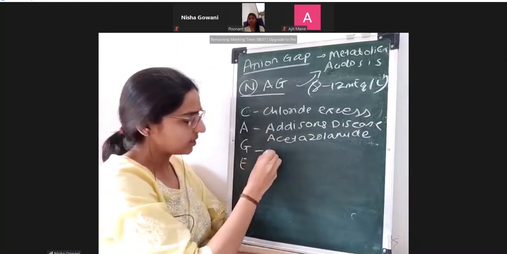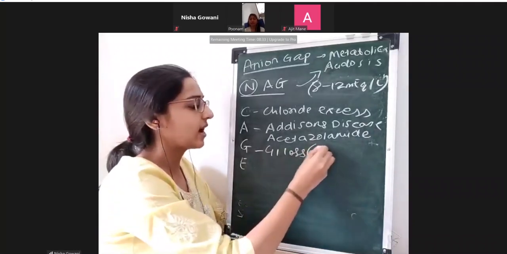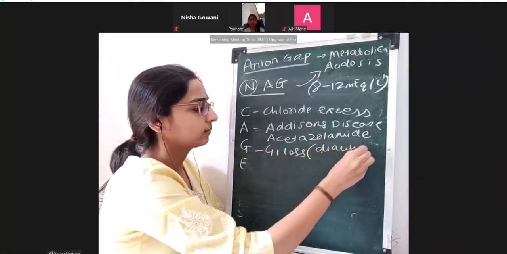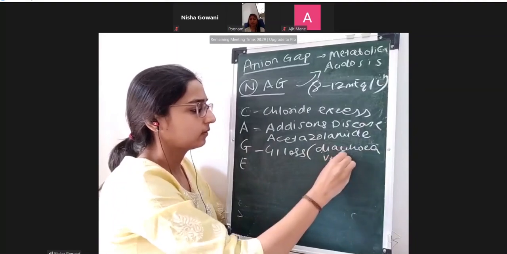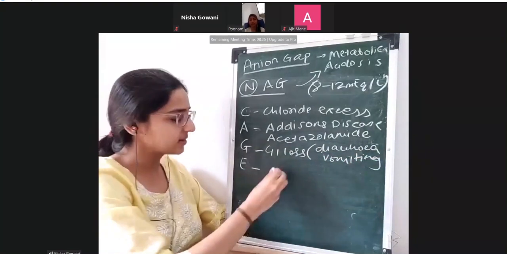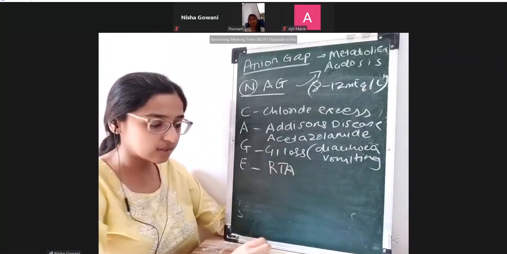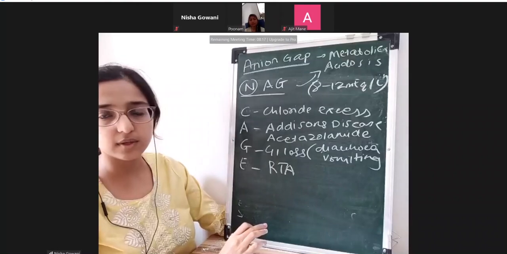Then G is going to be GI losses. So GI losses means what? If there is any diarrhea, vomiting. Okay. And E is any other causes, that means renal tubular acidosis. So this is one mnemonic which you can follow.